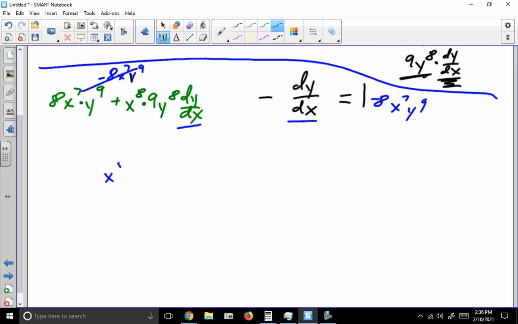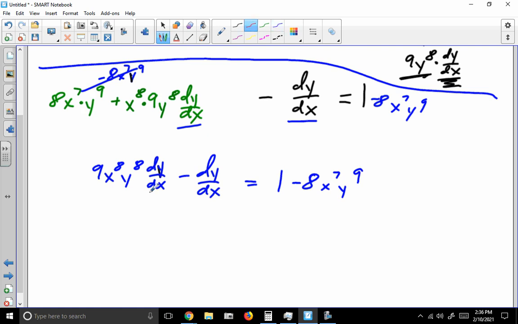When we do that, both terms on the left side are going to have a dy over dx. So since these have a common factor, we can factor out their common factor. If we take that out of the first term, that's 9x to the 8th y to the 8th. If we take it out of the second term, we're left with the coefficient 1.